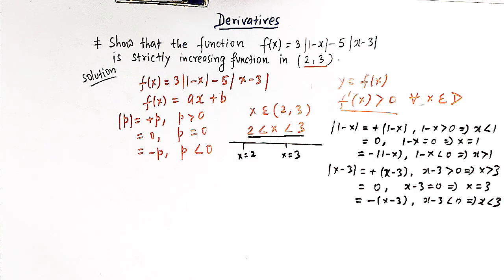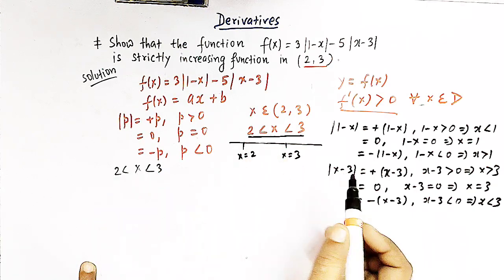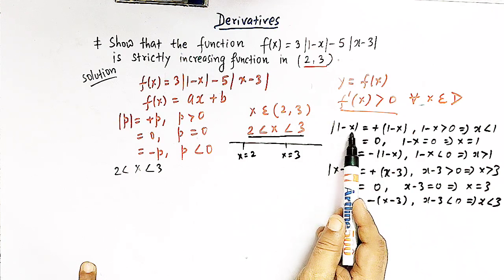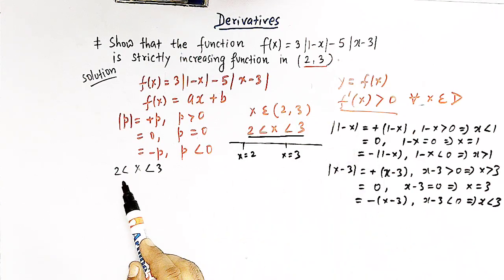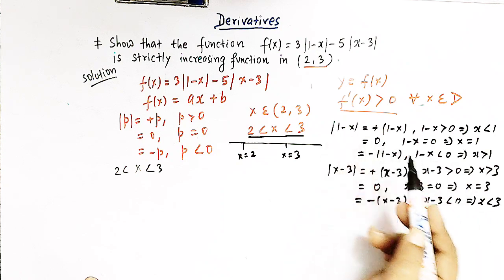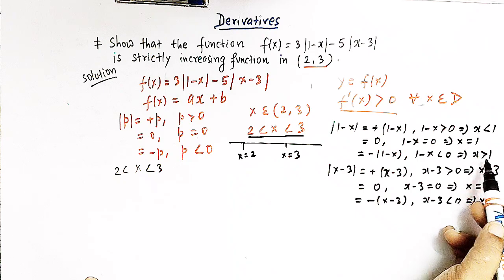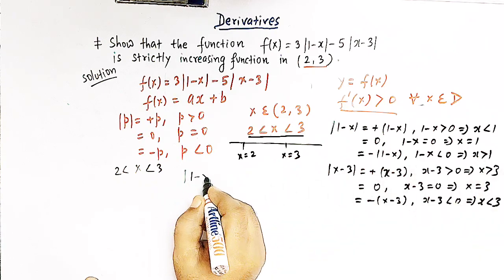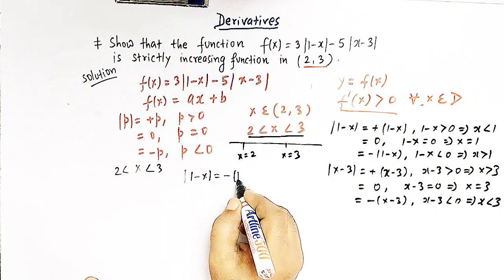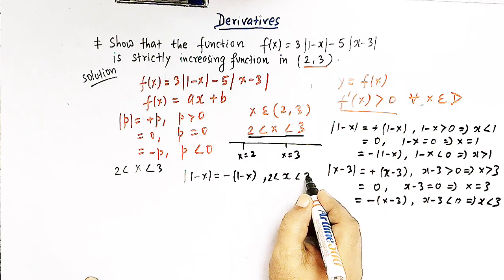So this is how we can define mod of 1 minus x and mod of x minus 3. Now here we have the interval x greater than 2 and less than 3, so we have to define mod of 1 minus x and mod of x minus 3 in this interval only. Mod of 1 minus x is equal to negative of 1 minus x when x is greater than 1, so mod of 1 minus x is negative of 1 minus x when x is greater than 2 and less than 3.